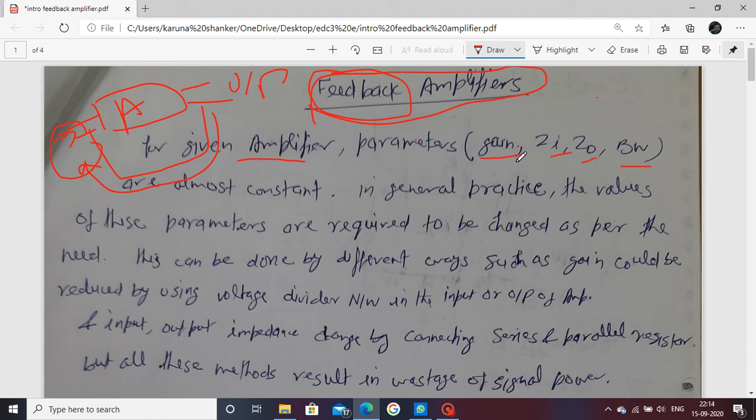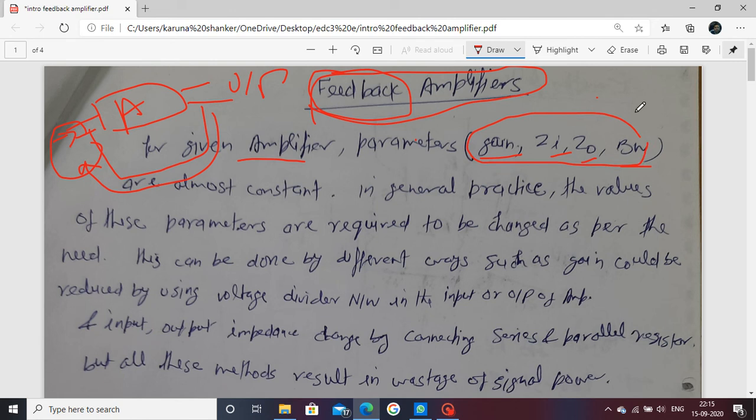If you want the gain to increase or decrease, or the input impedance or output impedance to increase or decrease, overall, if you want to increase or decrease these parameters, then what do you do?